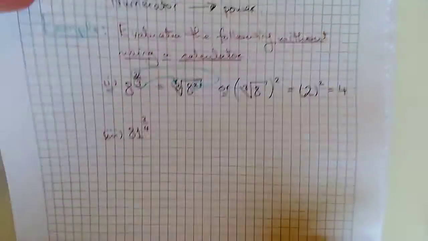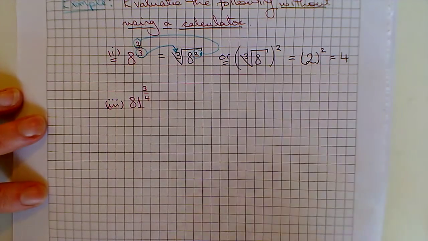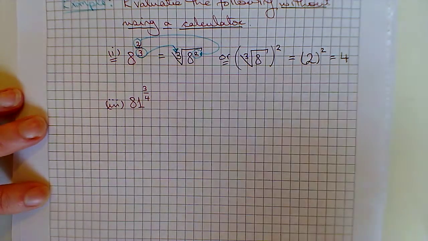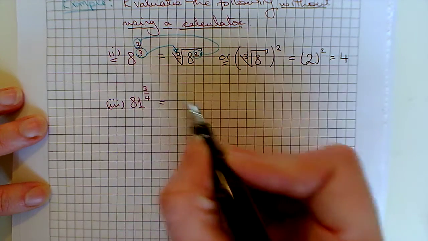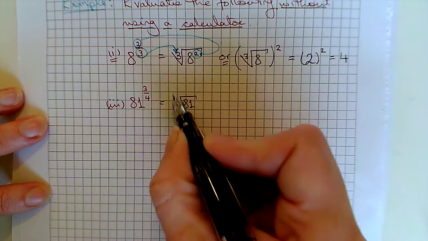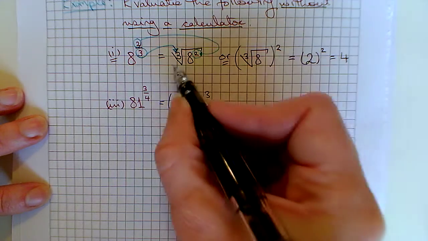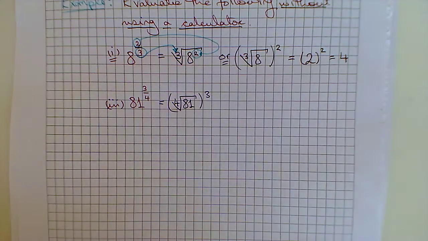Let's do the same thing with the second one. And if you think that you've got it, you can pause the video and try it yourself first and see if you're right. So this should be the 4th root of 81, all cubed. Okay, and I can write it the other way around as well. It doesn't matter.